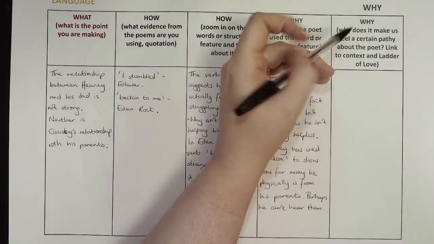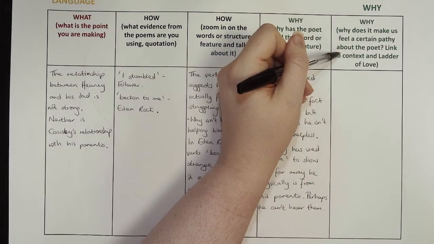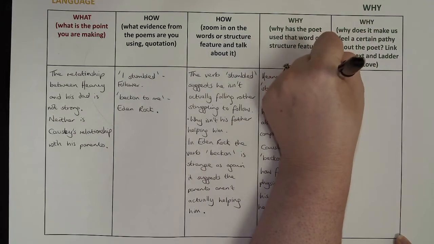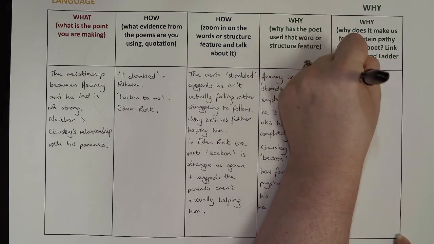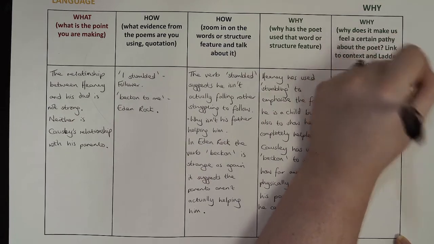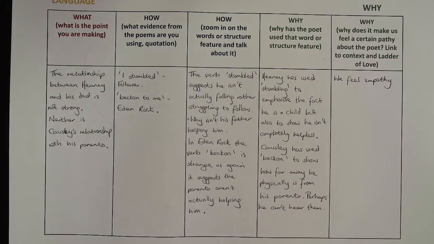We're now onto the final column. Why does it make us feel a certain empathy, linked to context and a ladder of love if you want to? So, we feel empathy. Now remember, empathy is when we understand how they feel.